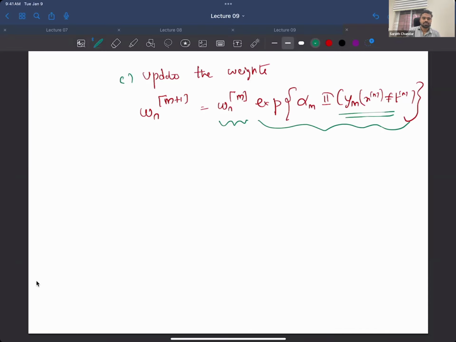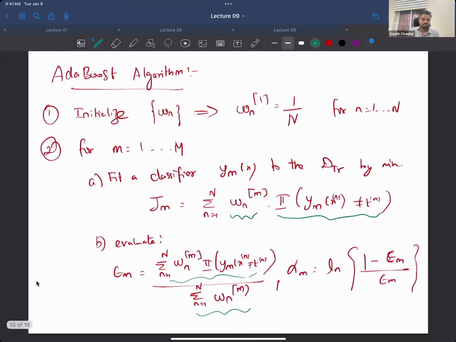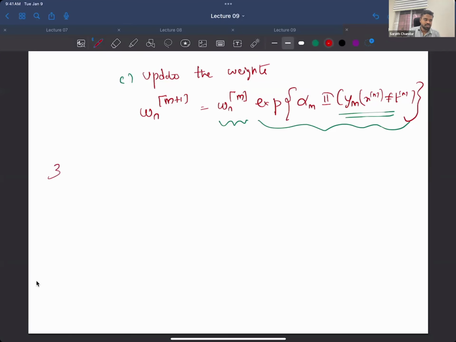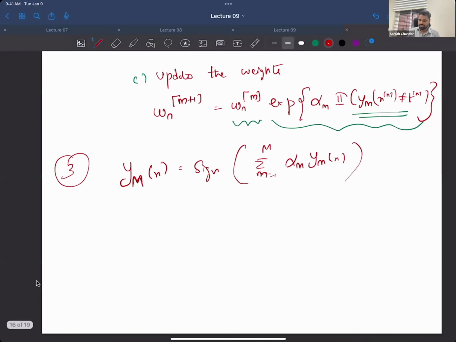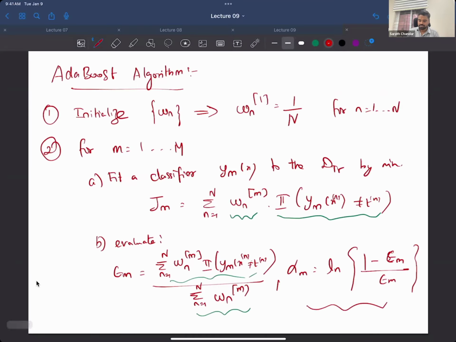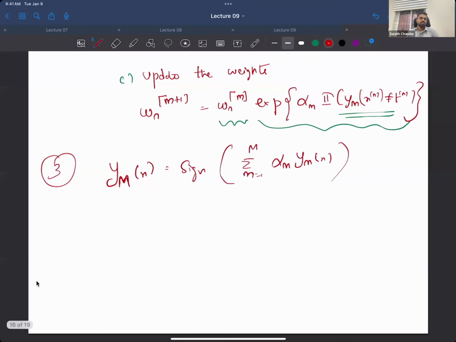Once I do this step for M different times, finally I'm going to do the prediction from the model, which is y_M(x), given by sign of the summation m equals 1 to capital M of alpha m y_m(x). The alpha m is given by this thing. Is that clear? Any questions so far?